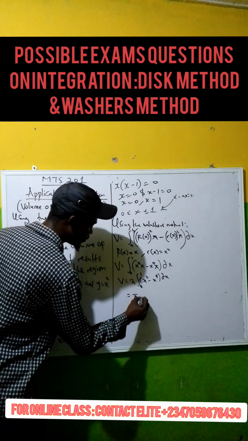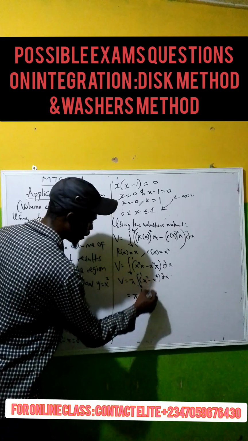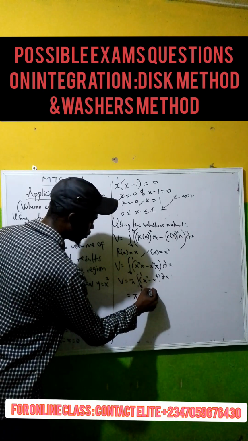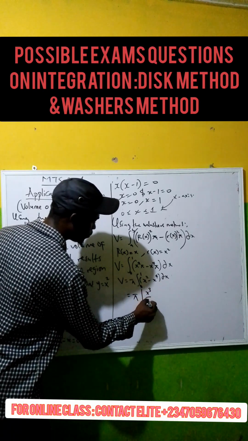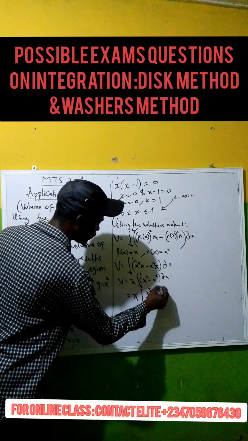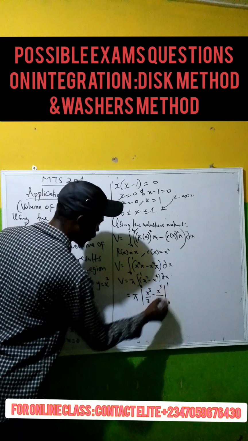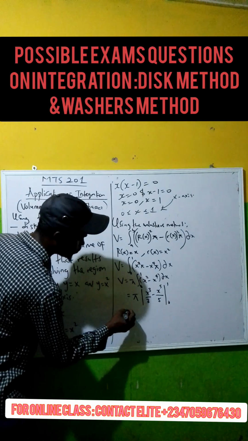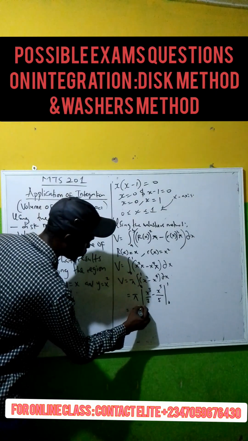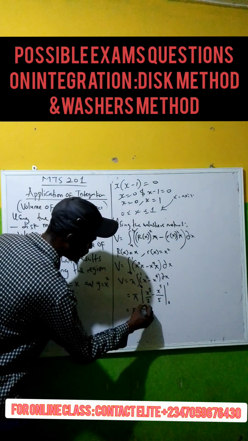That's pi. Then we now have x raised to power 3 over 3 minus x raised to power 5 over 5, from 0 to 1. So now let's solve the problem.